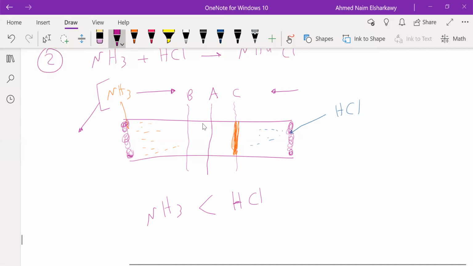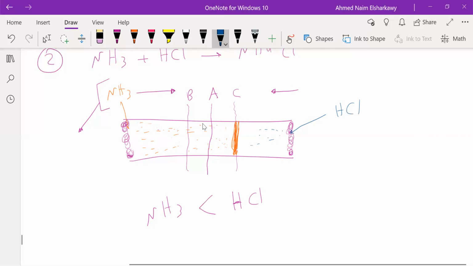Because NH3 is lighter, less in mass, the particles will move faster. So this is moving faster and this is moving slower, right? So they will not meet in the middle of the tube. Instead, they will meet closer to HCl because the particles of HCl will move slower, right?